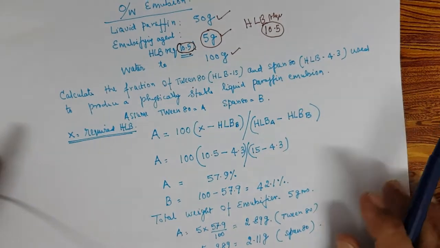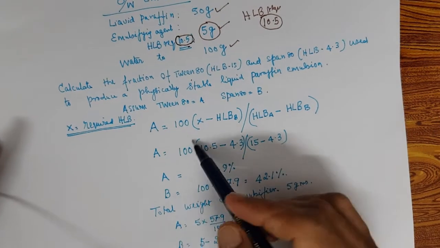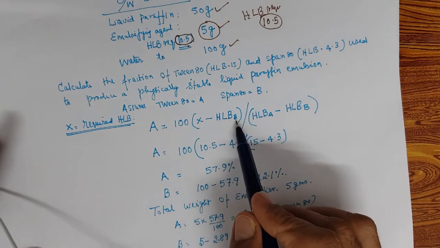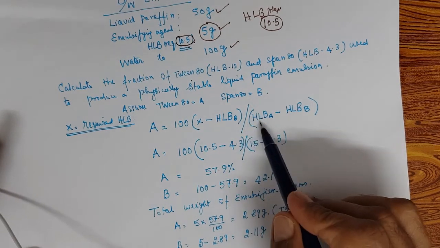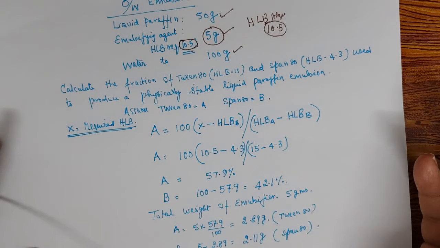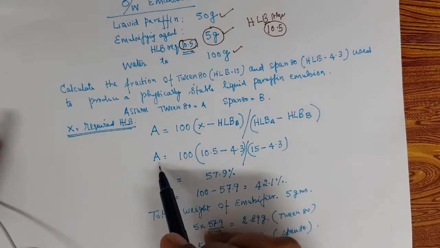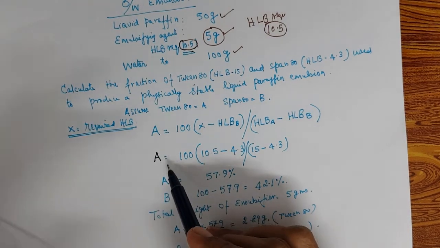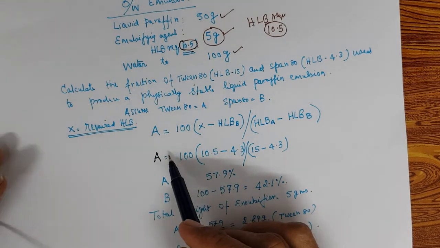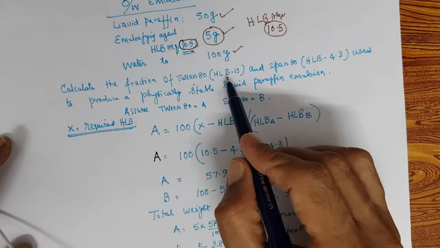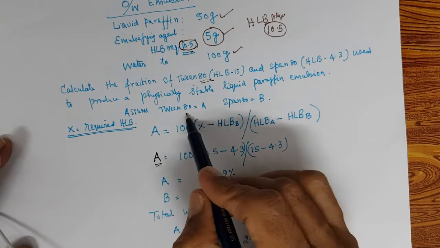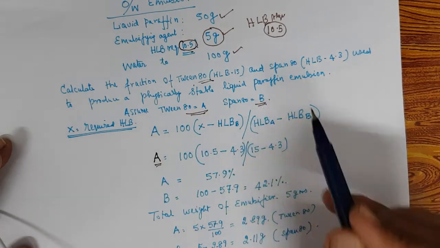So, the formula: A equals 100 into X minus HLB of B, divided by HLB of A minus HLB of B. Simple. Right? So, A means the ratio of emulsifier A. I can take Tween 80 as A and Span 80 as B.